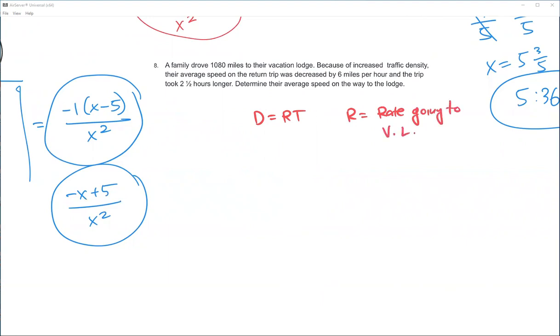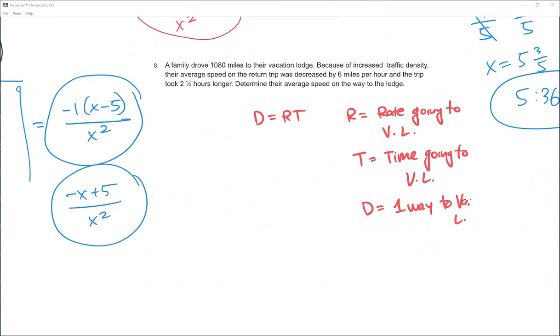Let T equal the time going to the vacation lodge. The distance is one way to the vacation lodge. Everybody clear on that? Remember always to define the variables.